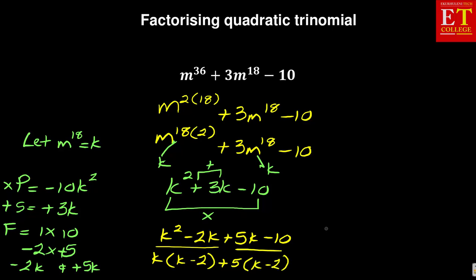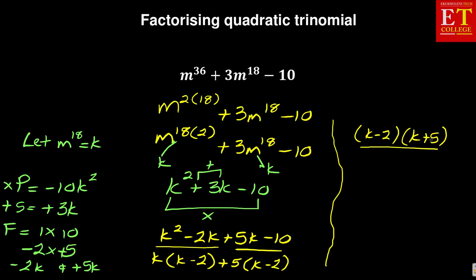So how do you write the final answer? I've got my bracket, which is k minus 2, and k plus 5, what is outside the bracket.